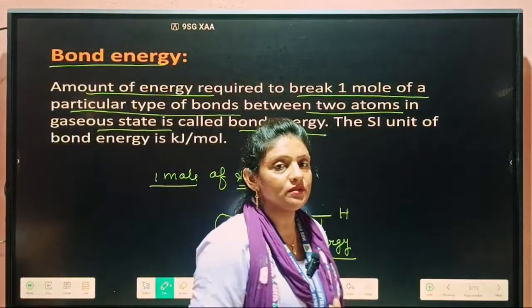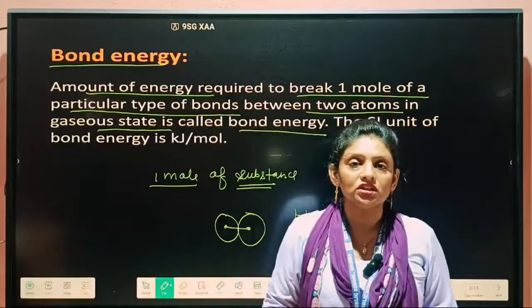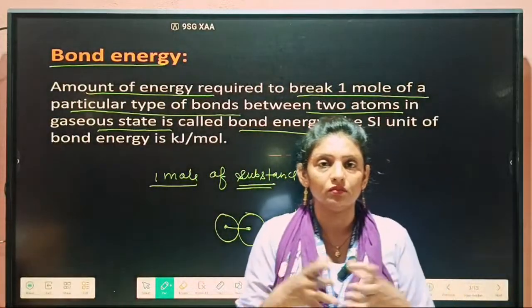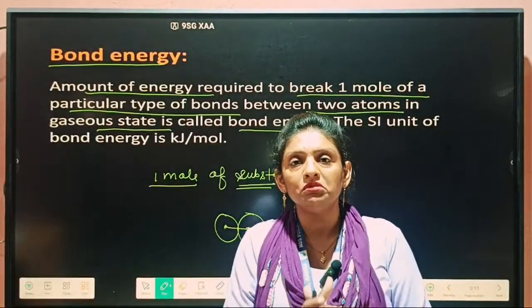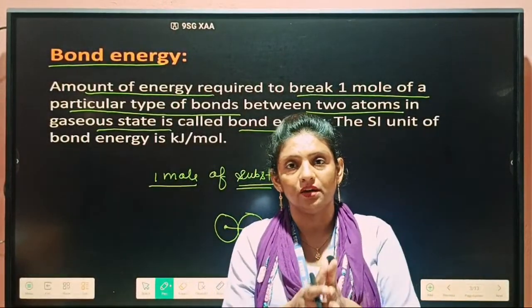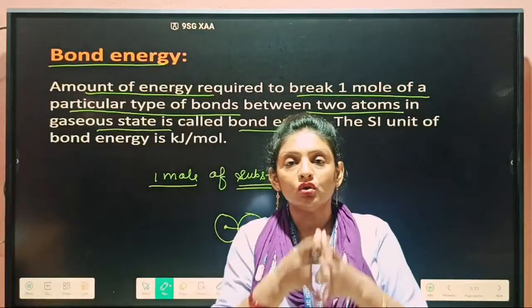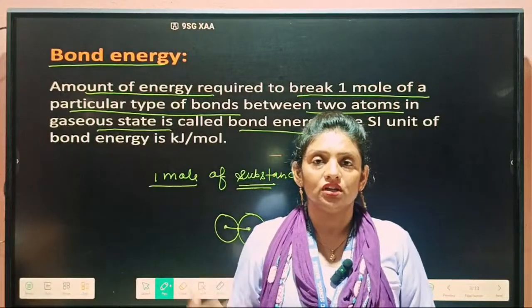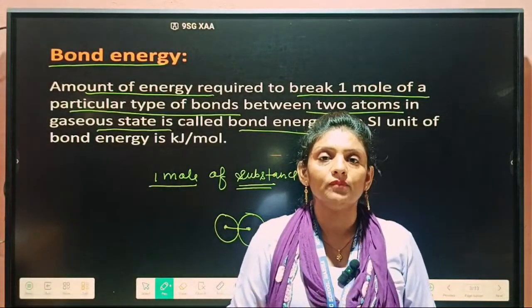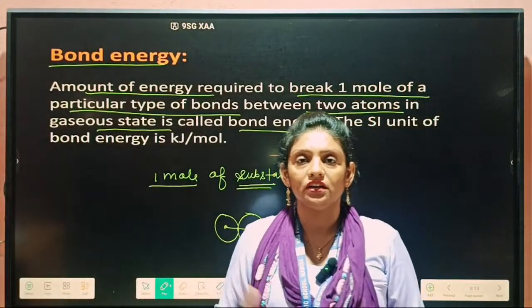Students, बॉन्ड एनर्जी हमारी डिपेंड करती है जितना बॉन्ड लेंथ कम होगी. बॉन्ड लेंथ कम होने का मतलब क्या है कि अट्रैक्शन ज्यादा है, फोर्स ऑफ अट्रैक्शन ज्यादा है, तो उतनी ही बॉन्ड एनर्जी उसकी ज्यादा होगी. उसको तोड़ने के लिए हमें ज्यादा एनर्जी प्रोवाइड करनी पड़ेगी.